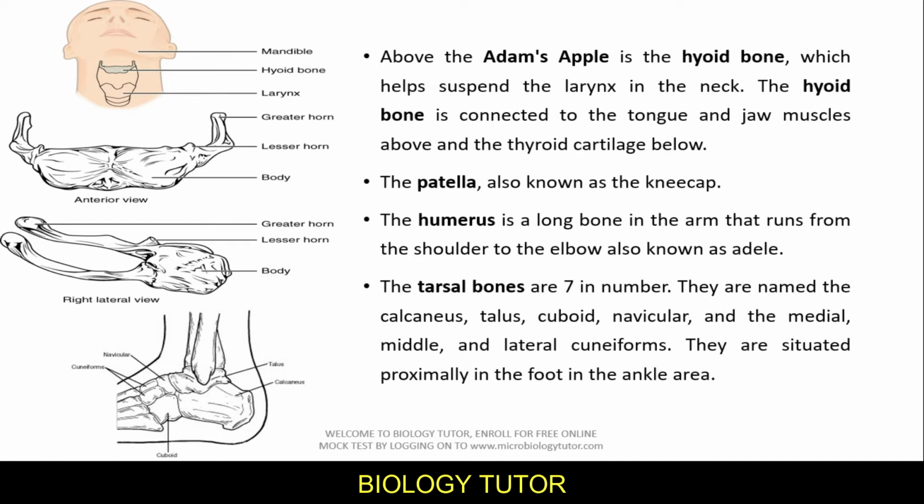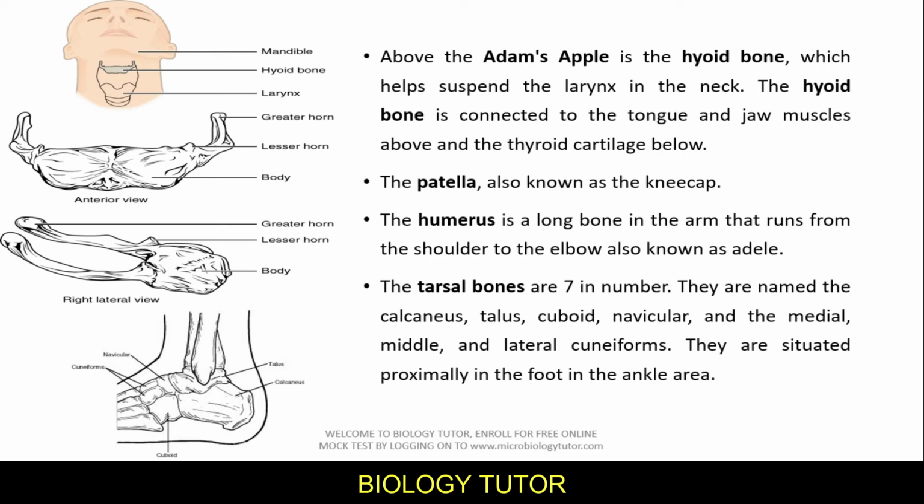Patella, also known as the kneecap. Kneecap is known as patella. What is the humerus? The humerus is a long bone in the arm that runs from the shoulder to the elbow. The tarsal bones are 7 in number.